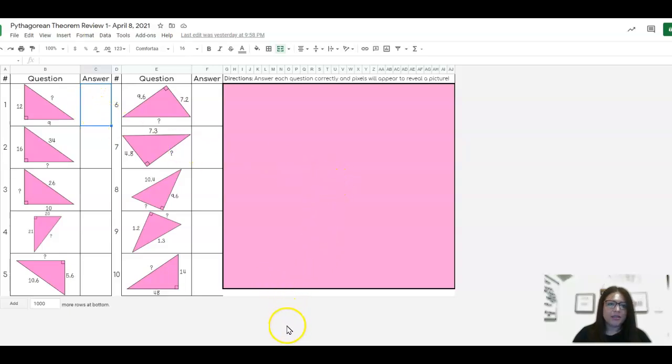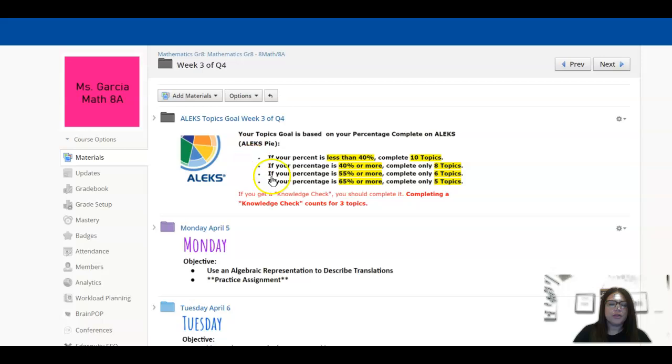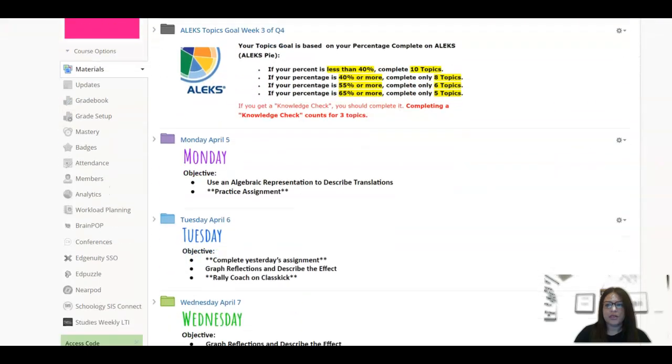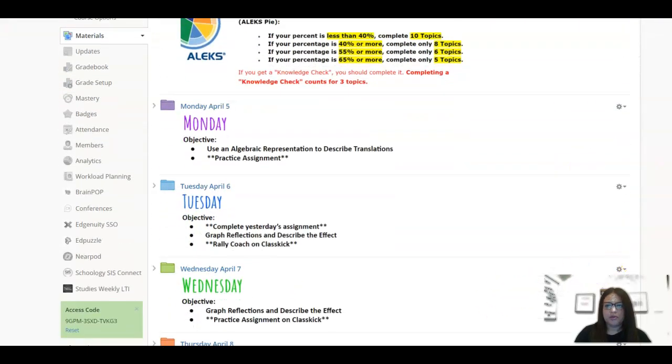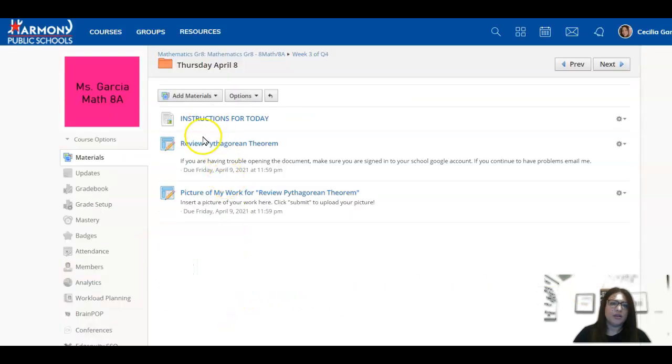Now, I am asking you to insert a picture of your work, so make sure that you're doing your work on a separate sheet of paper and that you are uploading your work under right here where it says picture of my work.